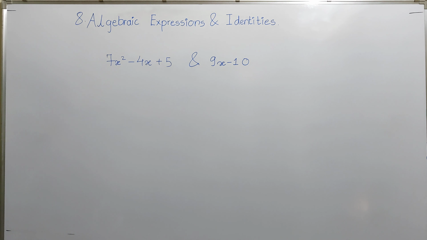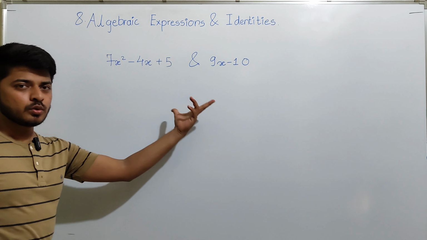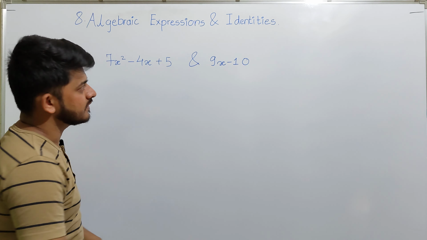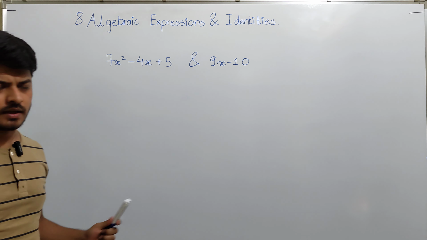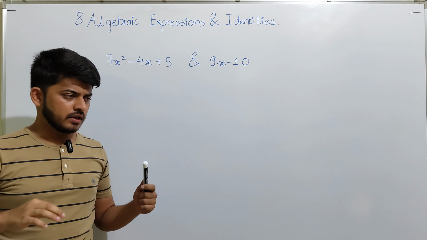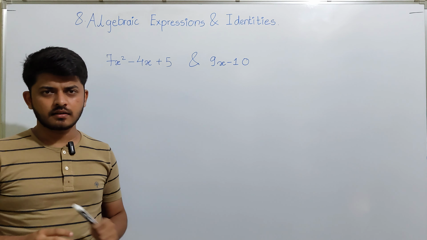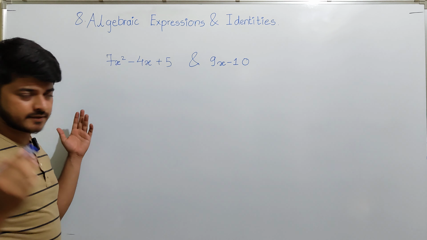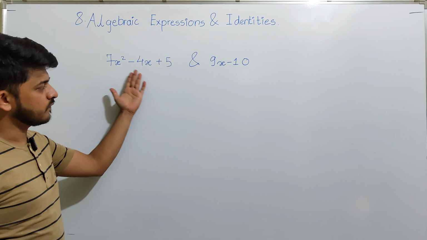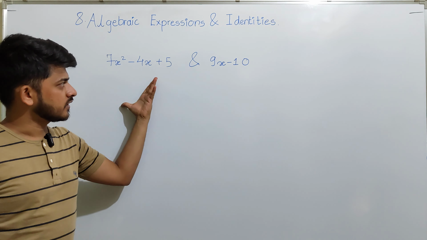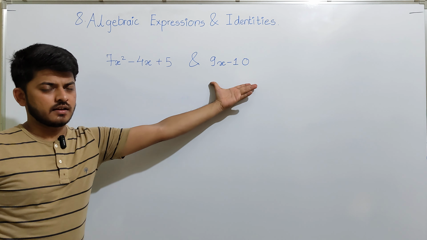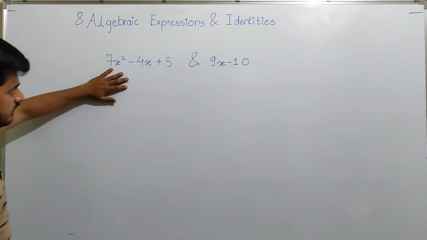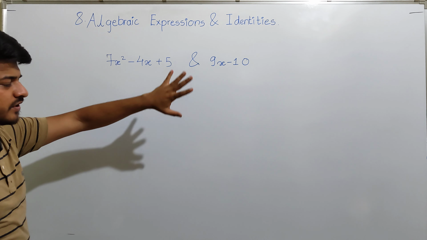These are the two equations given in the textbook. Please see carefully. We have to add these equations. I'm not saying that we must add or we must subtract. It's not like that. We are taking an example. As per your textbook, 7x square minus 4x plus 5 is an algebraic equation.